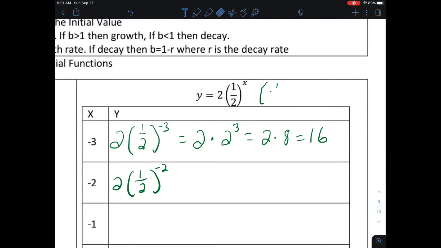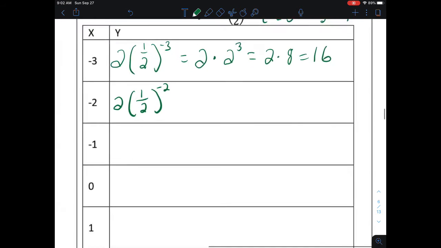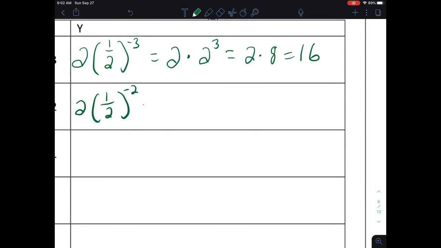If I have 1/2 raised to the -2nd power, I could apply that exponent to the numerator and the denominator separately. And then to make our exponents positive, I would move things to the other side of the fractions. And 1 squared is itself, so I end up with just 2 squared. So 1/2 to the -2nd power, same thing as 2 squared. That's what I'm doing here. And we did that in class.